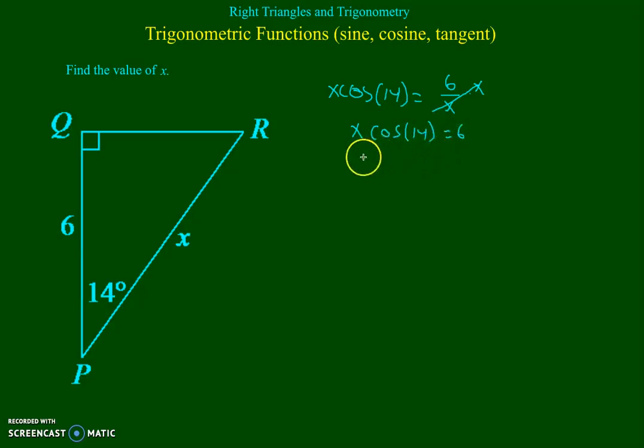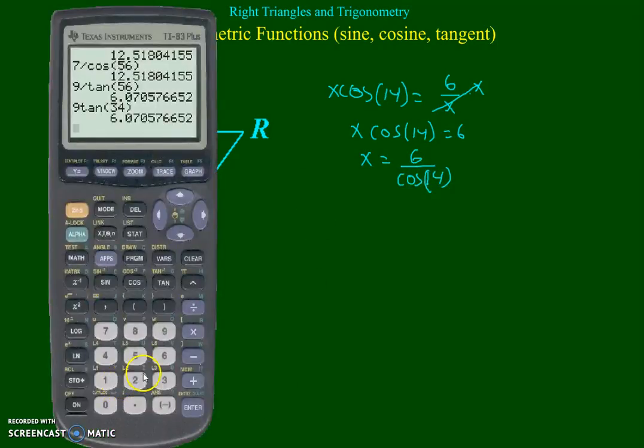Divide by cosine 14. X equals 6 over cosine 14. Again, we go to our calculator. 6 divided by cosine 14. And we get 6.2 approximately.